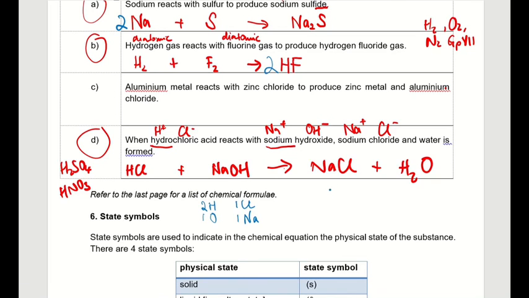On the other side, 2 hydrogen, 1 oxygen, 1 sodium, and 1 chlorine. So everything's the same. So this is balanced. I don't need to put anything. Okay, now you can try part C yourself.